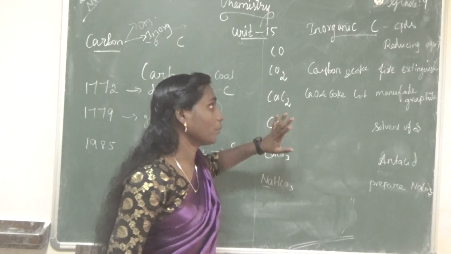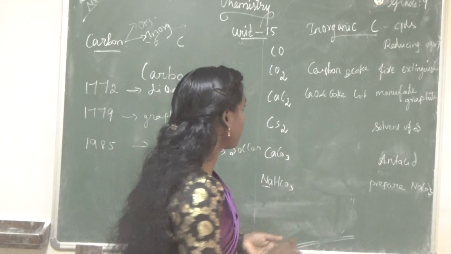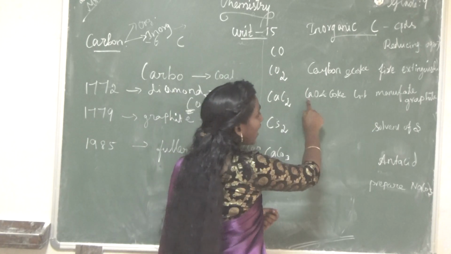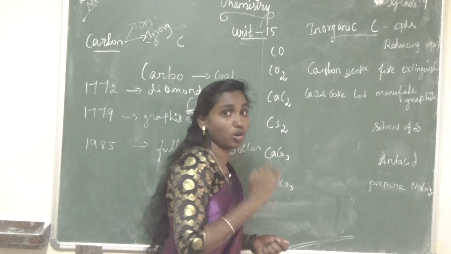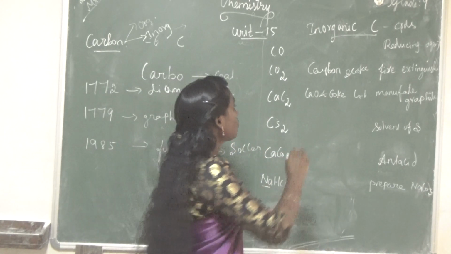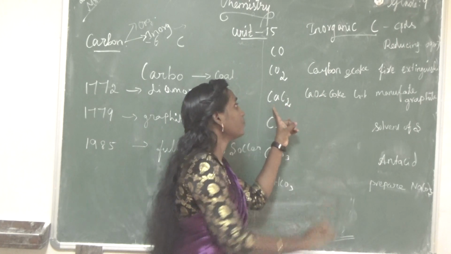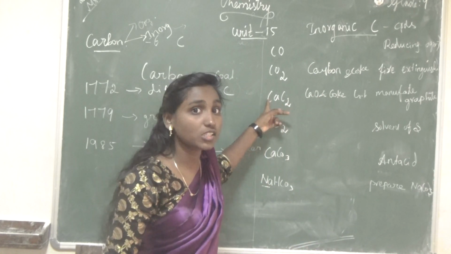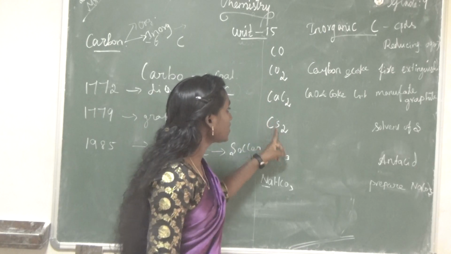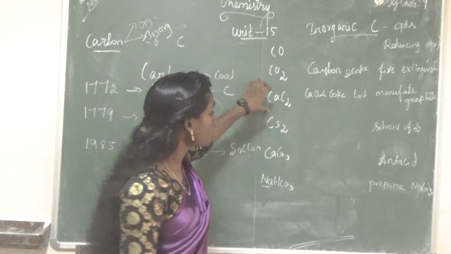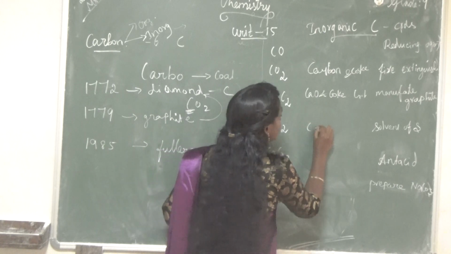Then calcium carbide. This calcium carbide is prepared from calcium oxide and coke. Coke means coal. So calcium oxide is mixed with the coal, and calcium carbide is produced. Carbon disulfide is prepared from carbon and sulfur.